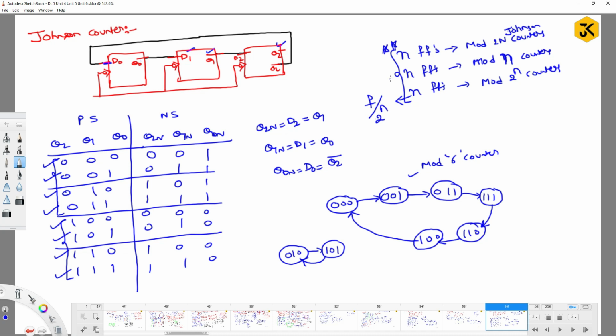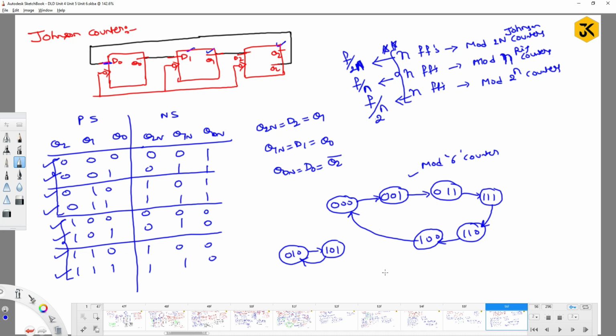For n flip-flops in a mod n ring counter, it is going to be f by n, because its value is n. What about the frequency of n flip-flops with a mod 2n Johnson counter? It is f by 2n, the frequency generated for the mod 2n Johnson counter.